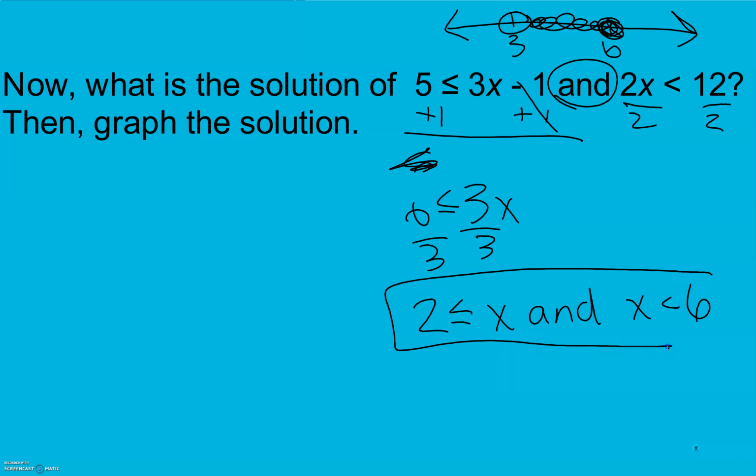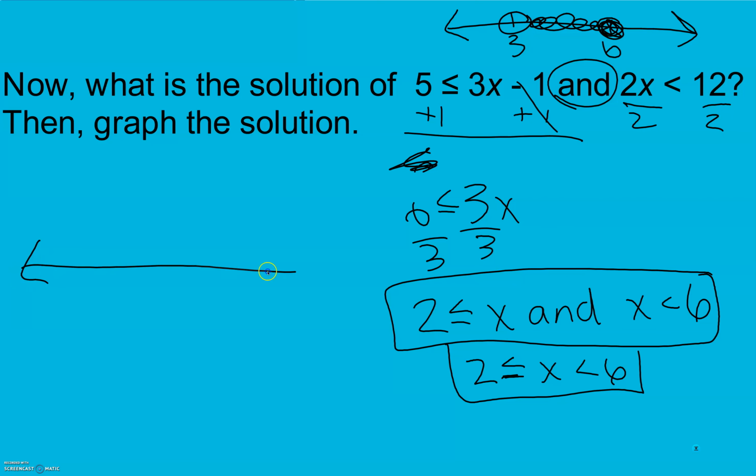They tell us how we're relating these two inequalities, and that's important. So I have 2 is less than or equal to x, and x is less than 6. So 2 is less than all of our numbers, and our numbers are less than 6. So I can write this as x is in between 2 and 6, 2 included with the equal. Either one of those ways works.